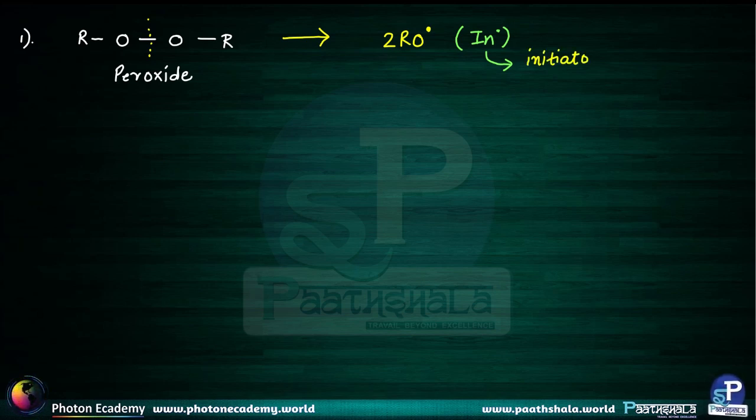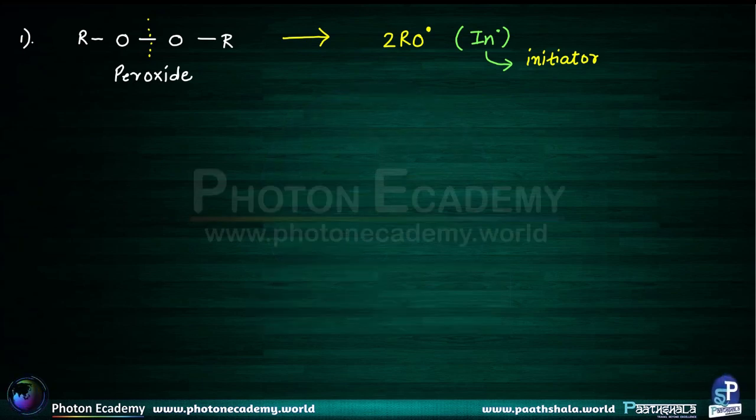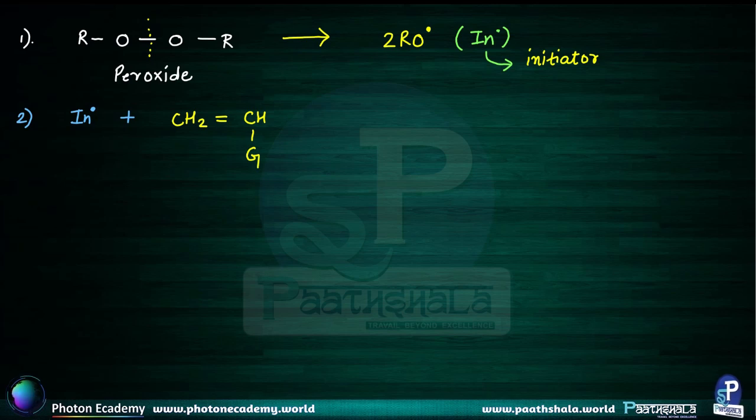So we will be using this initiator in the reaction. Let us proceed and see how we use it. We have this initiator that we got from the peroxide, and now we take our monomer, CH2=CH with a G, which is a group, any group you place over here.